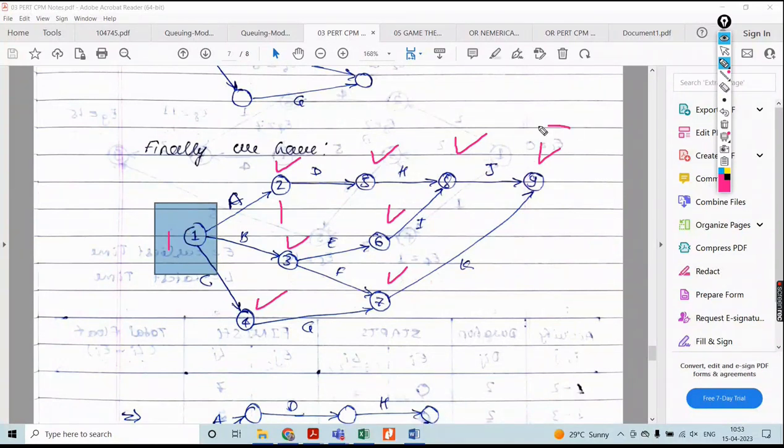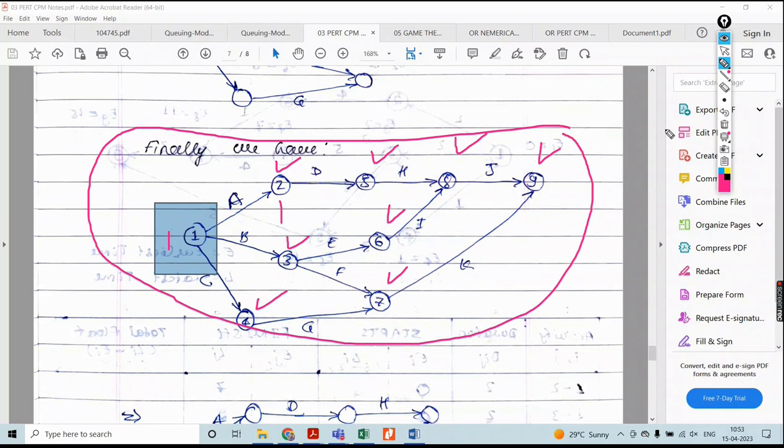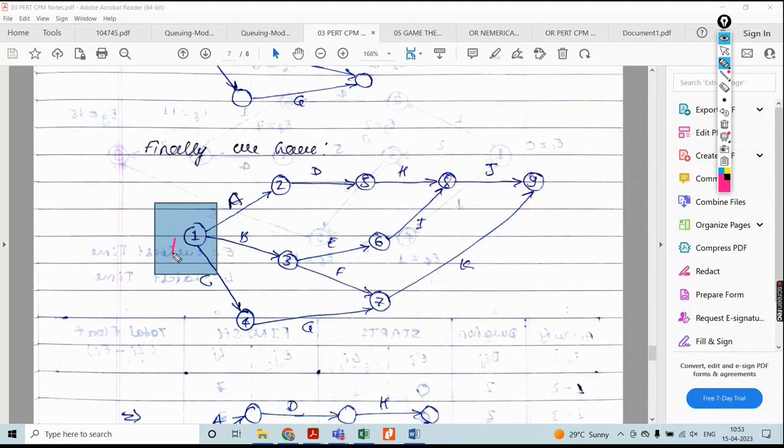According to that only you can give the numbering. Don't give random numbers like this: this is 1, then 2, 3, 4, then this is 5, 6, 7, 8, 9. This is wrong. Why? Because this one is left and you have not considered it. The sequence of events and activities is to be considered; until that activity is completed, 9, the last event, will not be proceeded to.